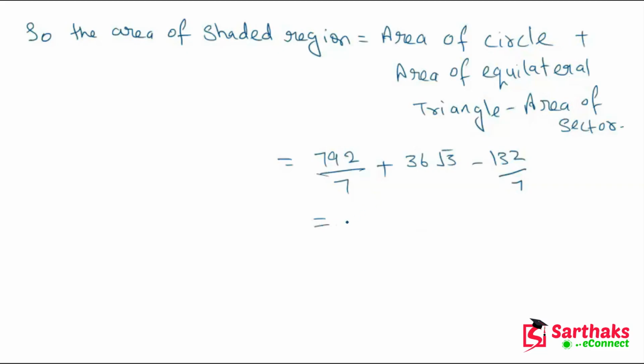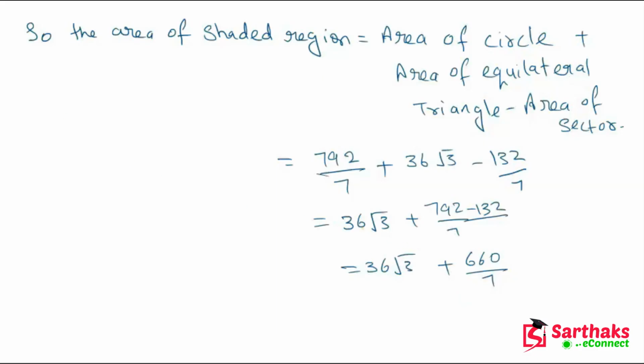So now we get 36 root 3 plus, we take the LCM of these two terms, which is 7. So 792 minus 132. So this will become 36 root 3 plus 660 divided by 7.